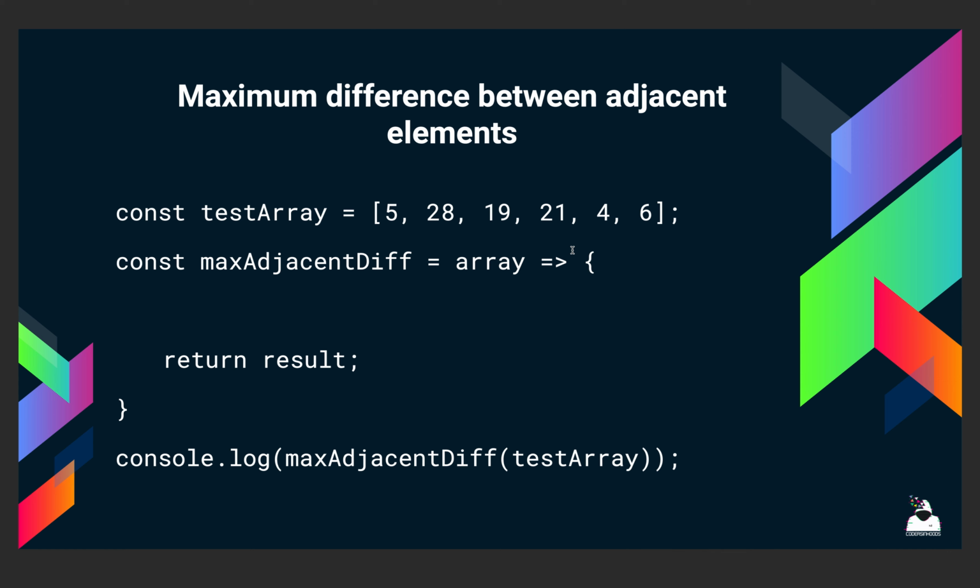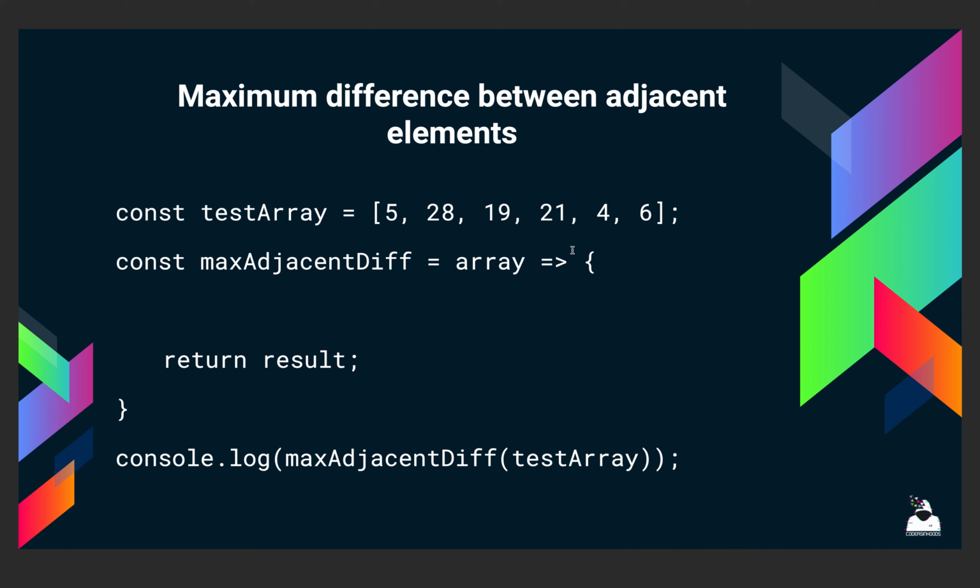We have to get the difference between, for example, 5 and 28. The result is going to be 23. So will the next attempt be 23 and 19? Then the result of that versus 21? Then the result of that versus 4? Or we just do one at a time?